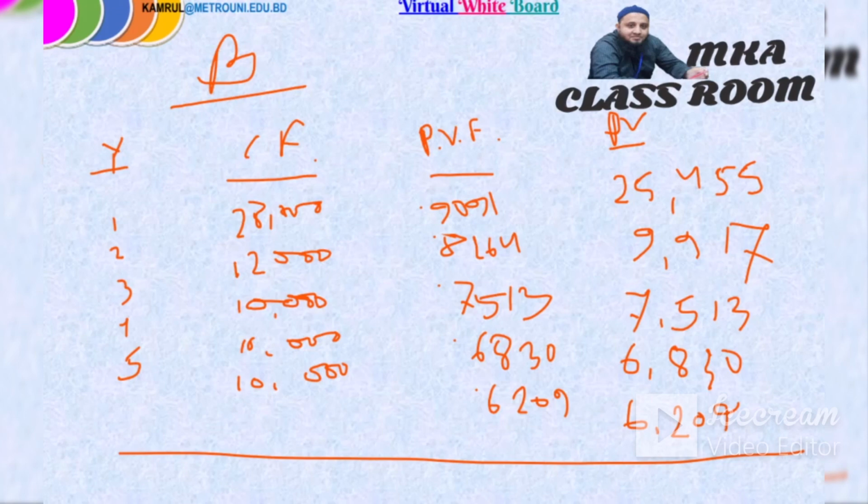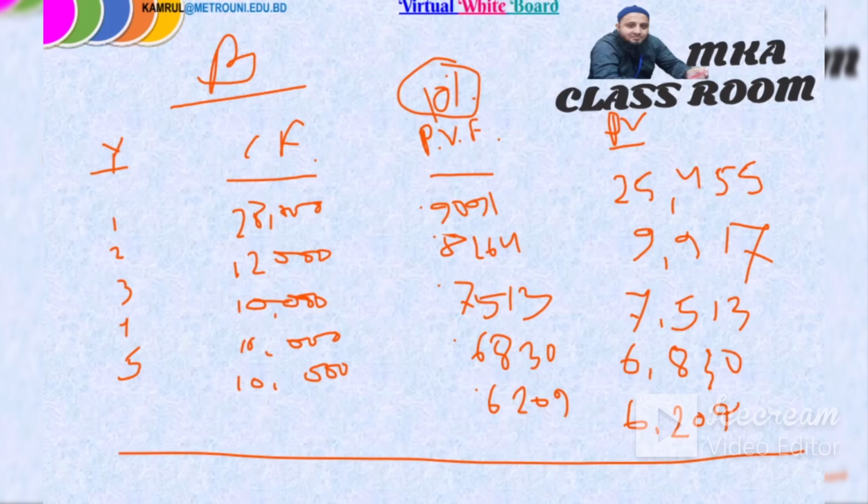That's why we will use the present value interest factor table at 10% for year 5. 10% is our cost of capital. So from the table we have these values: 0.9091, 0.8264, 0.7513, 0.6830, 0.6209.